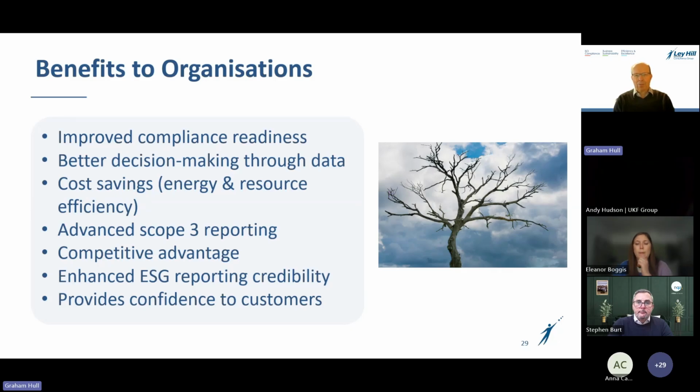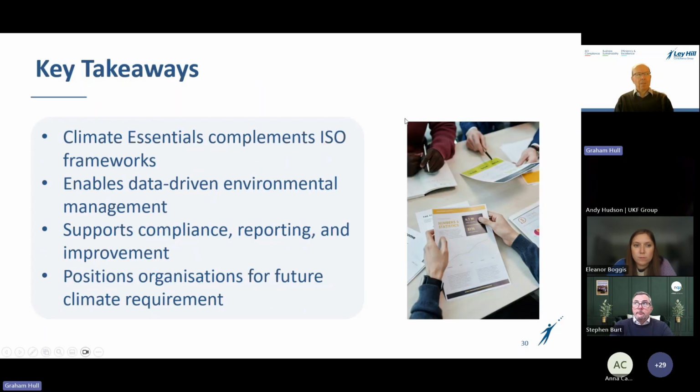Make better decisions because you've got better data, and ultimately save some costs, because if it's energy or resource efficiency, will all help you with those things. Help you with advanced scope 3 reporting and credibility on your reporting. And that gives confidence not only within your organisation, but to your customers as well.